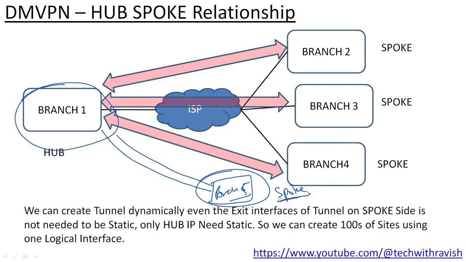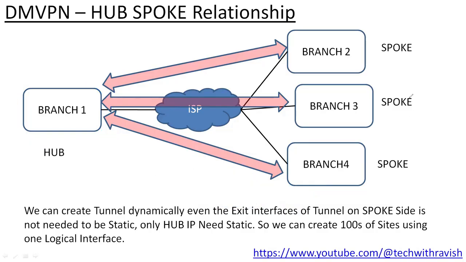So we can create as many exit interfaces as we want with the help of dynamic multi-point VPN. Dynamically we can create the spoke. We don't need to configure the hub every time. So this will work as the head office, and these are the branch sites or spoke sites.